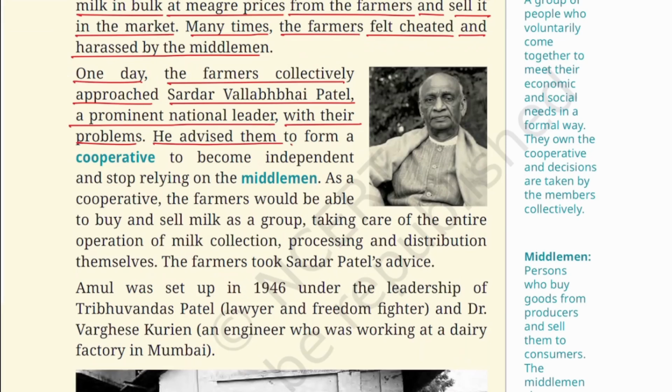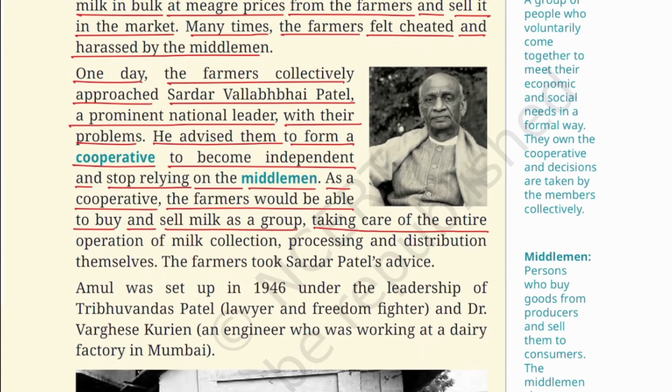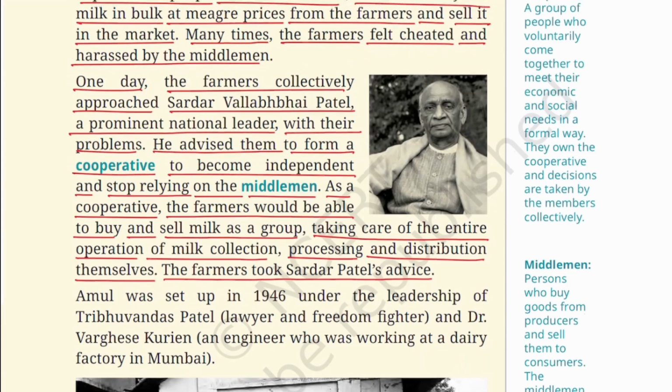He advised them to form a cooperative to become independent and stop relying on the middleman. As a cooperative, the farmers would be able to buy and sell milk as a group, taking care of the entire operation of milk collection, processing, and distribution themselves. The farmers took Sardar Patel's advice.